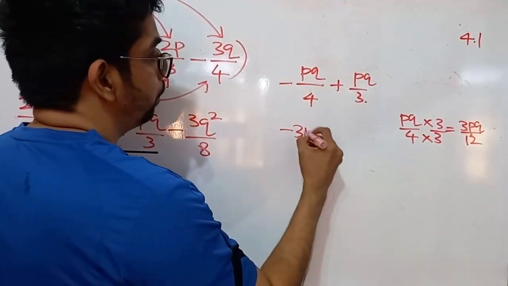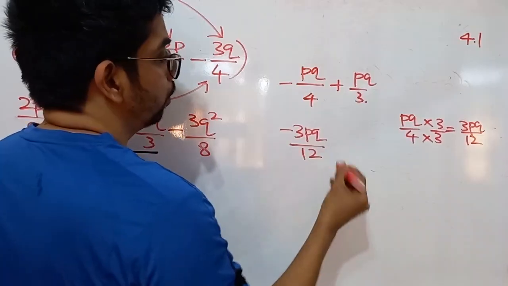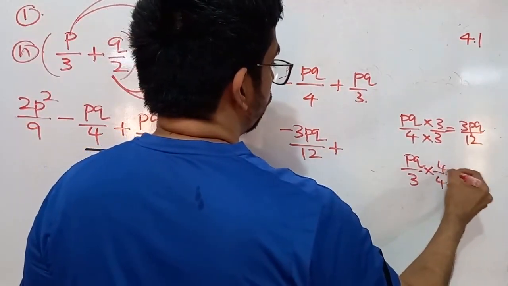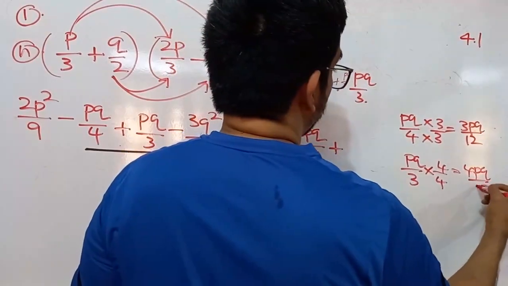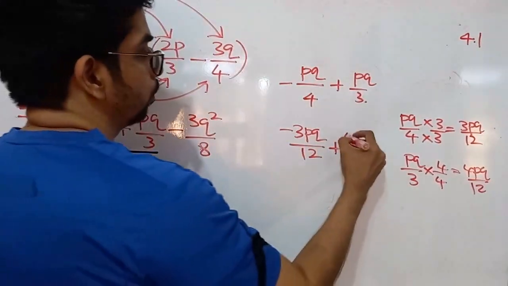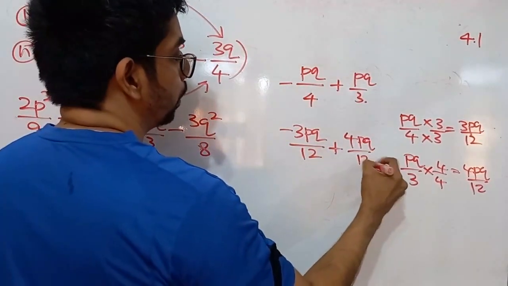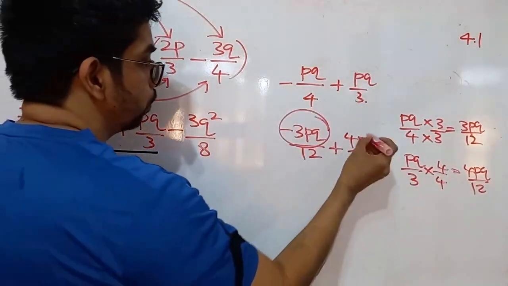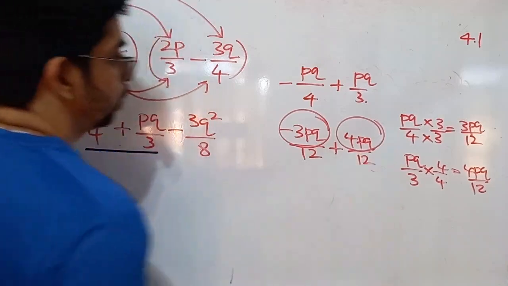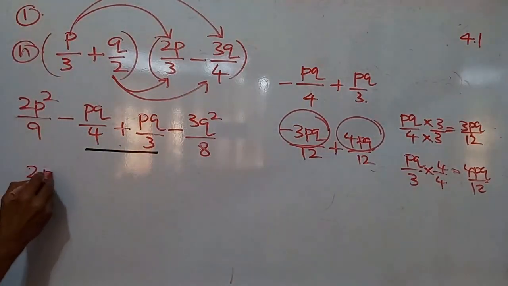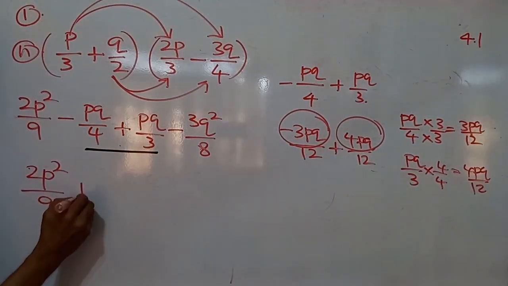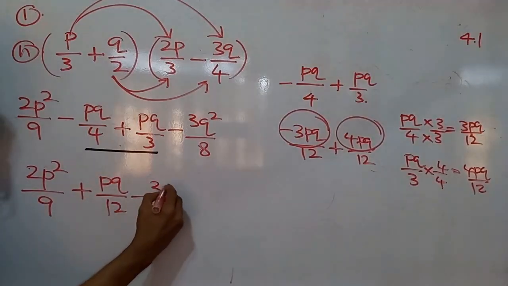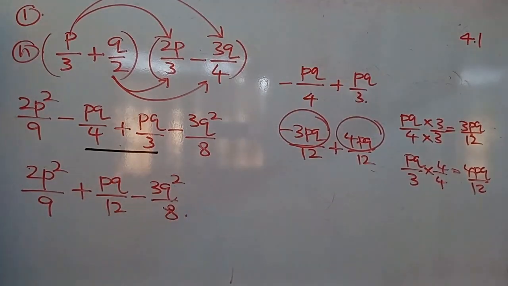So negative 3pq by 12 plus pq by 3 into 4, 4pq by 12. හරි. දැන් මොකද වෙන්නේ? This is negative 3pq. This is positive 4pq. එතකොට මොකද වෙන්නේ? 2p squared by 9 positive pq by 12 minus 3q squared by 8.